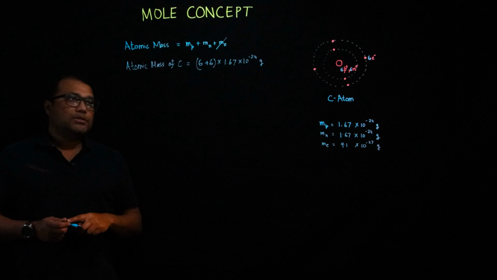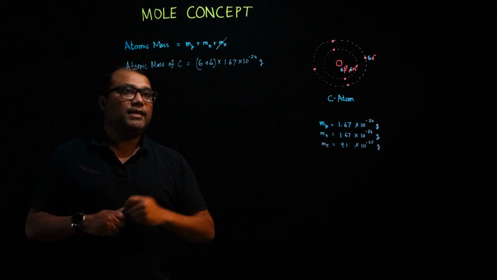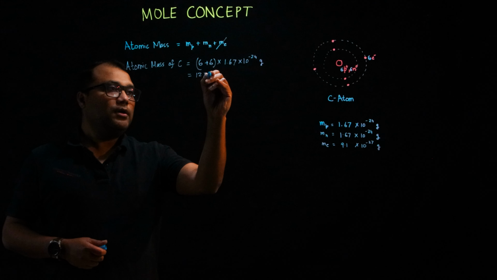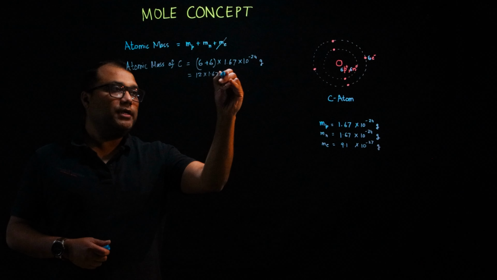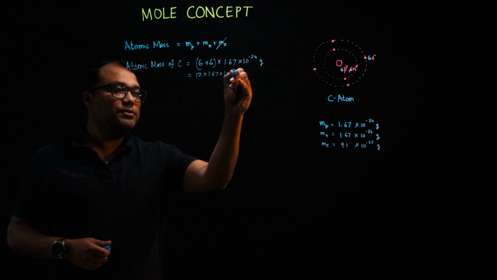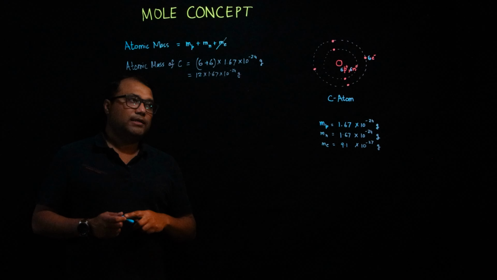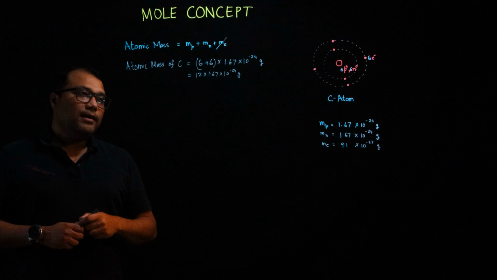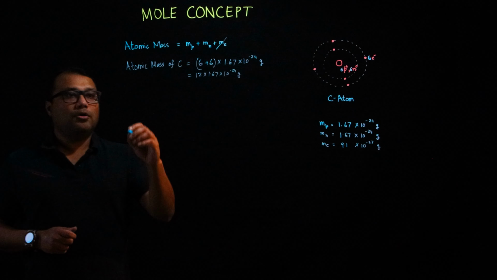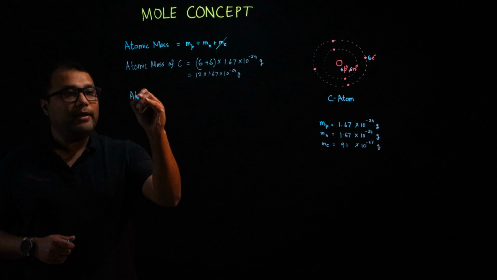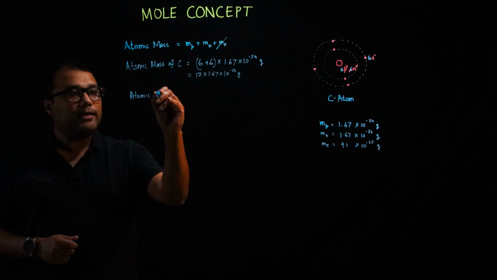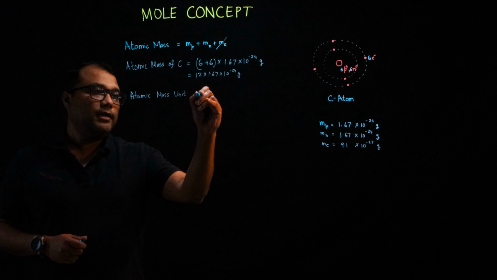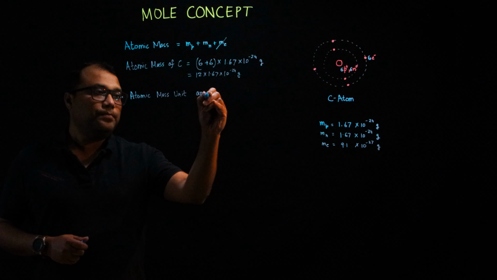Now obviously it is very inconvenient to deal in grams because this will be 12 x 1.67 x 10^-24 grams. As you can see, it is quite inconvenient to deal in grams. So what we define is another unit called atomic mass unit.